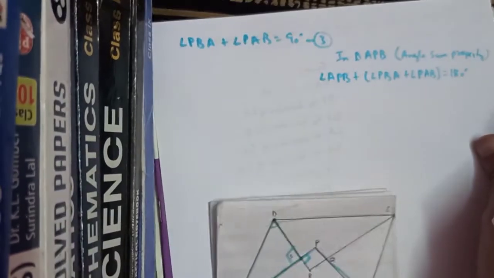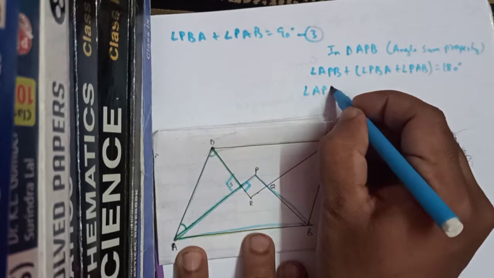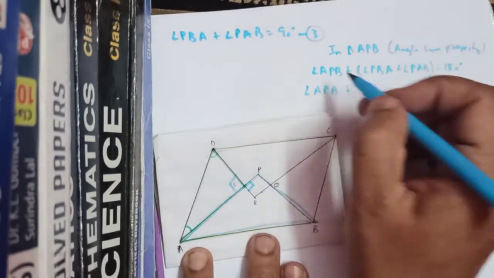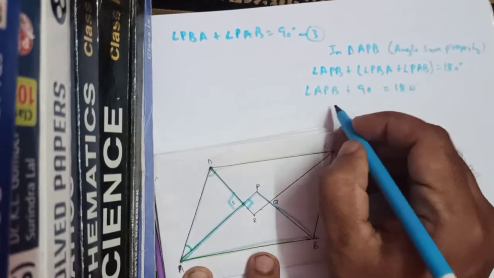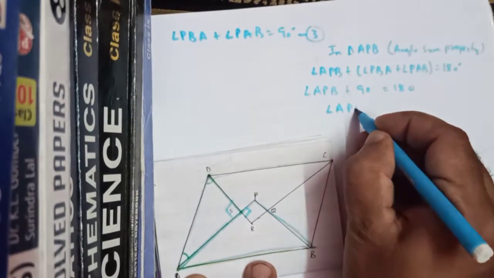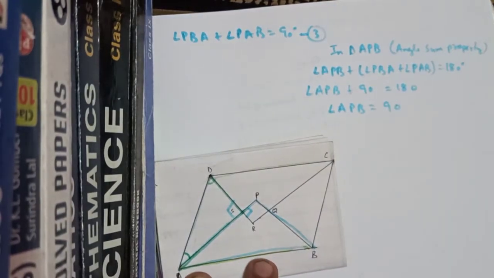And if this is so, then angle APB plus PBA and PAB, which we have already calculated as 90, is equal to 180. So angle APB is equal to 180 minus 90, that is 90 degrees.